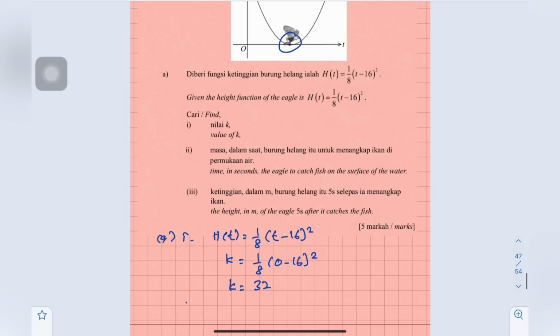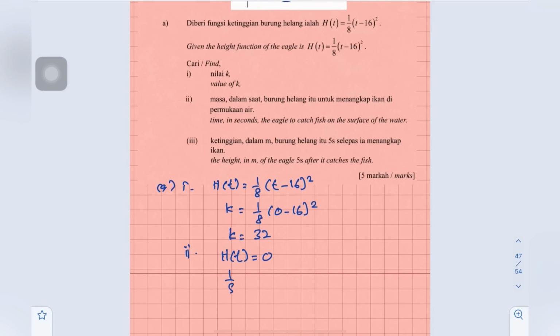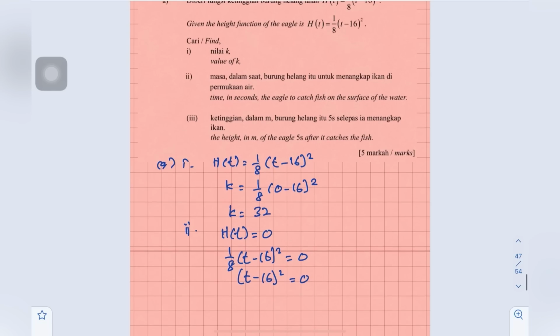Okay, so part 2, h(t) equals 0. So then 1 over 8 (t minus 16) squared equals 0. (t minus 16) squared equals 0. Then t minus 16 equals 0, so we get t equals 16. Part 3, find the height in meters of the eagle 5 seconds after it catches the fish.